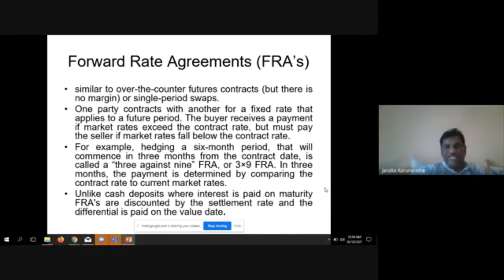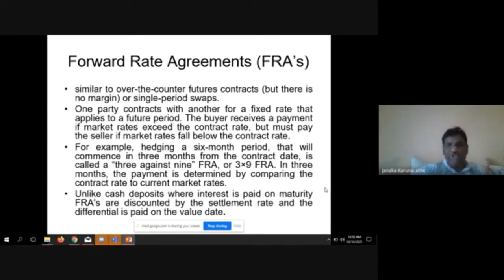So that's how it works, like a normal forward contract, especially for interest rate borrowings. This is very important in the case of interest rate related borrowings for short term. Unlike cash deposits where the interest is paid on maturity, FRAs are discounted by the settlement rate, and the differential is paid on the value date.